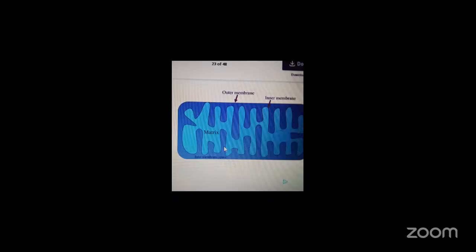Arabidopsis mitochondrial DNA is large, and Chlamydomonas mitochondrial DNA is small.